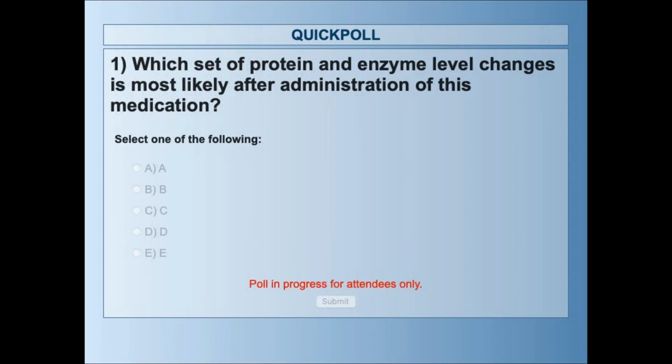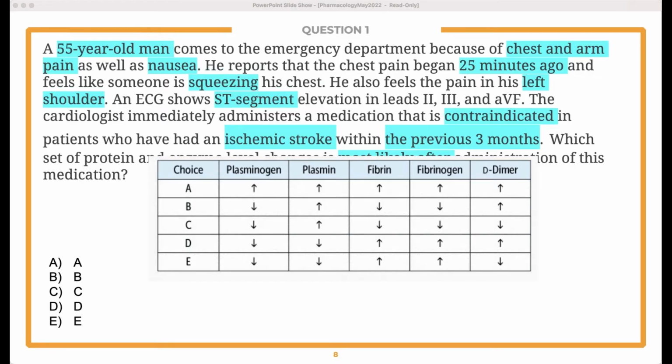Looks like almost 3/4 of you have answered. So let's close this poll and get ready. So you can see the array here and the answer choices. I'm going to share the results.